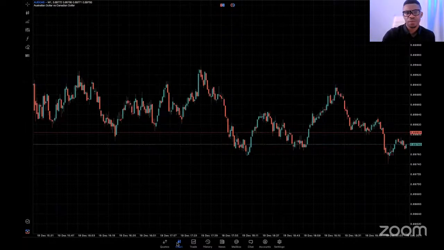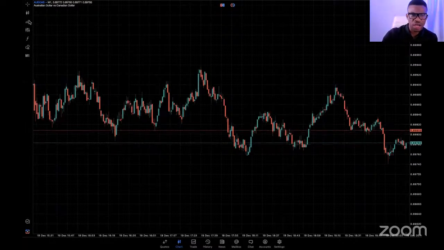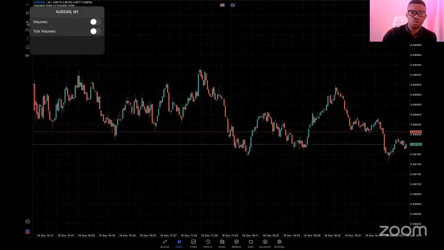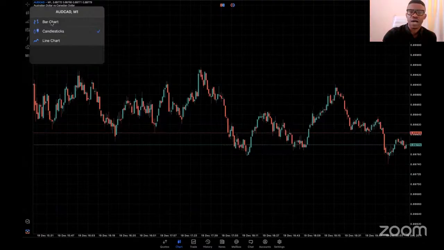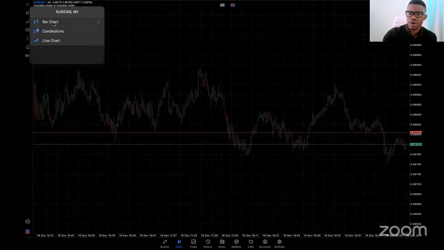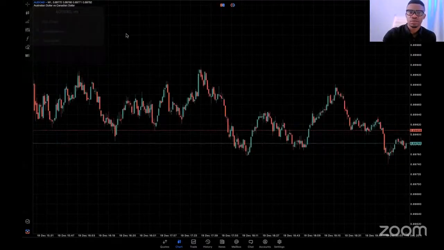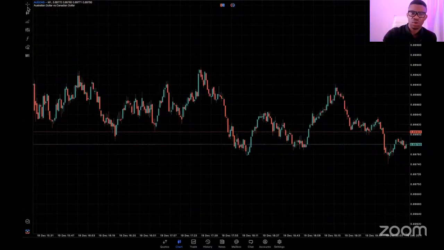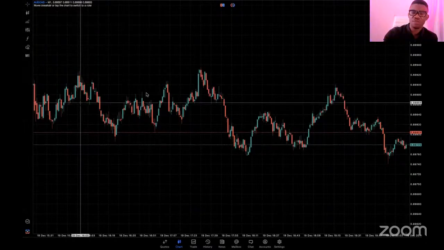This is the chart. So we'll go here to see what icon is here. Volume and tick volume, not necessary. We go here to see bar candle, line charts, candlestick. So we stay on candle. Then we come up again. Okay, that's the one we click. The last one we have here, crosshair.